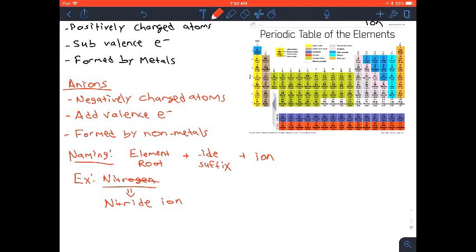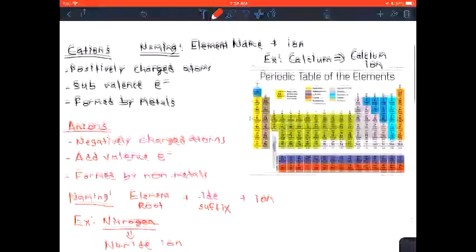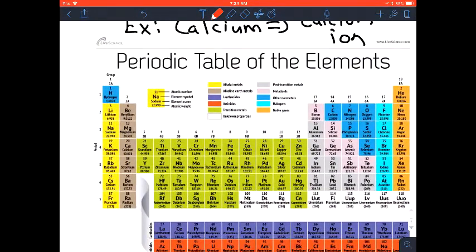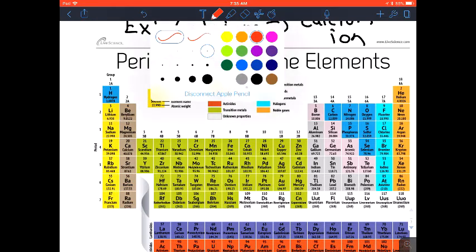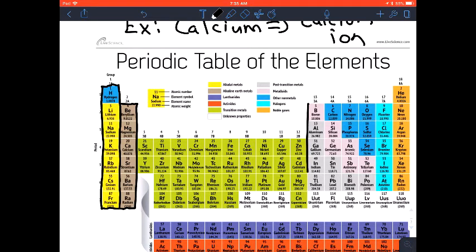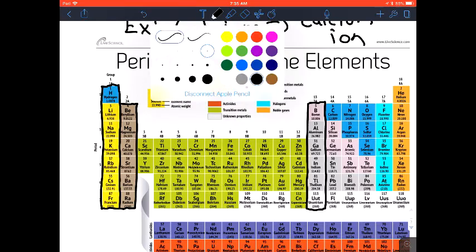Okay? So, one last thing that you need to know about cations and anions, and that's mostly from the periodic table. Groups 1, 2, and 3 are going to be your cations as far as the main group elements go. Of course, all of your transition metals will also form cations because they're metals, but in this case, we're just talking about the main group elements.